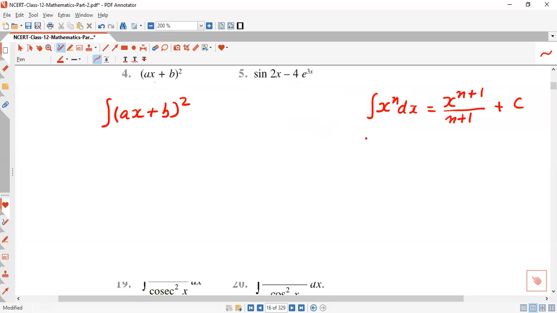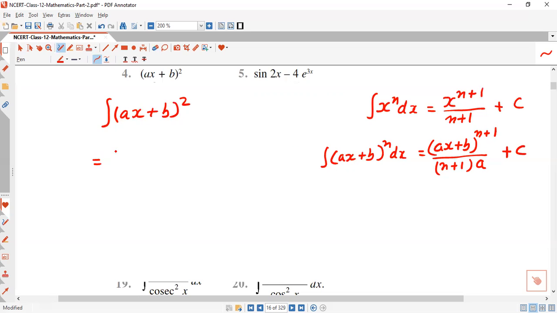Here, if x is replaced by the linear function, the integral of (ax plus b) raised to n dx will be (ax plus b) raised to n plus 1 divided by n plus 1, and this is also divided by the constant a, the coefficient of x, plus some constant c.